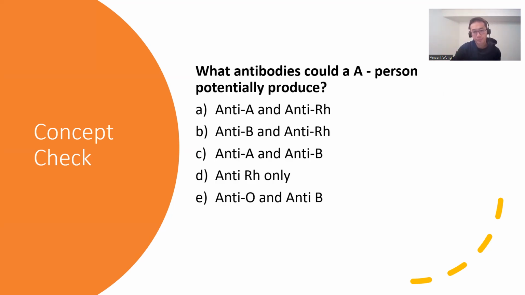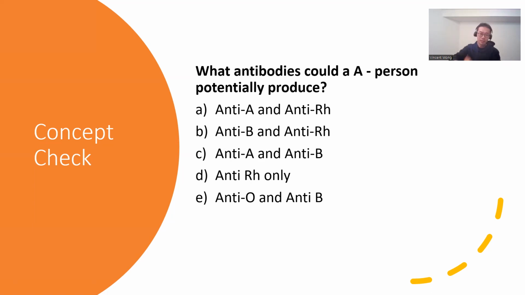Last one. What antibodies could an A negative person potentially produce? B. As in the answer B or anti-B?